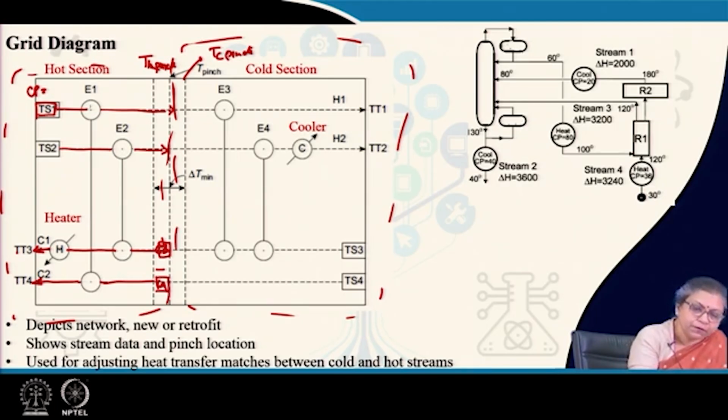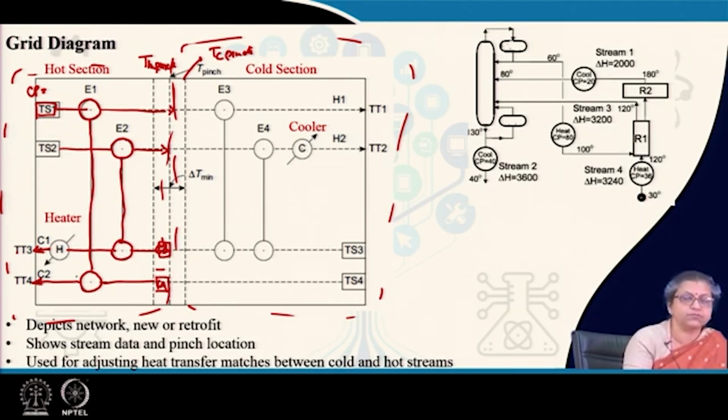The heat exchangers are shown by two circles on the two streams across which heat exchange will take place, and they are connected by a straight line. So, for all the process heat exchangers, once we have identified the streams, on those two streams we place two circles and connect them by a straight line, which shows that heat exchange is occurring between these streams.